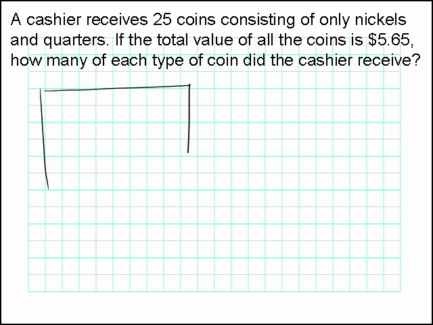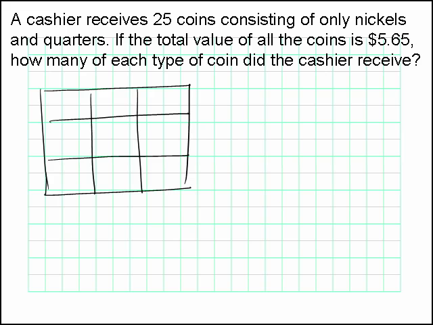So just like the last two examples, I'm going to draw my chart. Now here we've got nickels and quarters. So N for nickels, Q for quarters, and then down here we've got our mixture or our total. Across the top, we do not have percentage here, and what we have instead is the price per coin, the dollar amount of each coin.